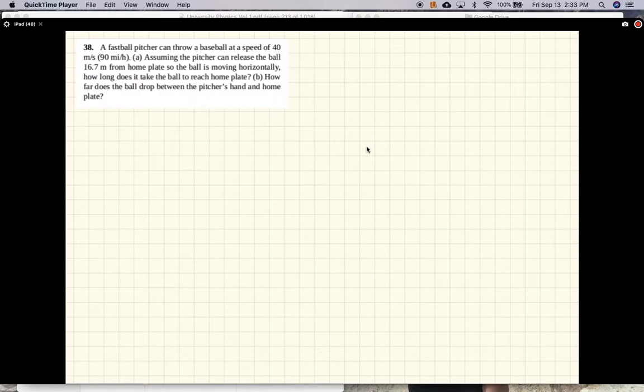Alright, so again, this is like the bullet problem here. They tell you the pitcher releases with the horizontal velocity, and the ball travels horizontally on a parabolic path. Here are axes.